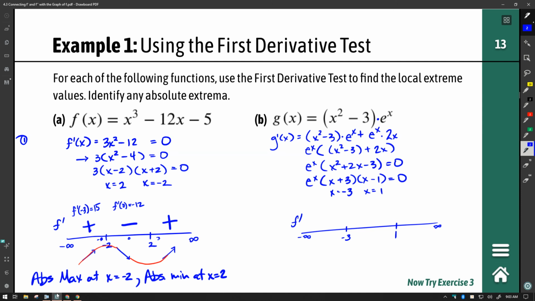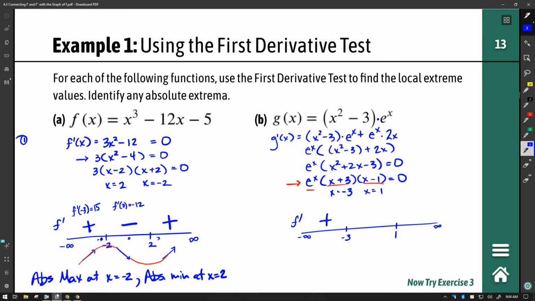If negative 4 goes into this version of g prime, e to the negative 4 is positive. Negative 4 plus 3 is negative, and negative 4 minus 1 is also negative. So we have a positive number times a negative number times a negative number. That makes g prime positive.